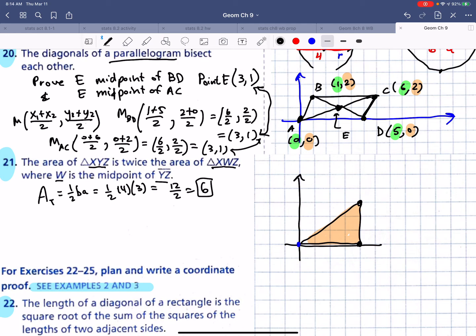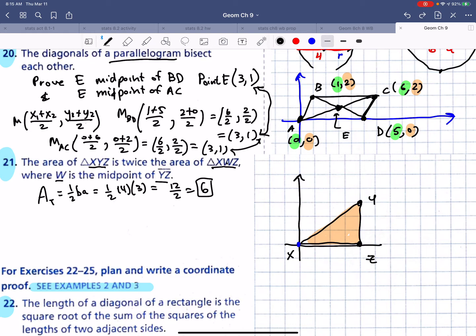Now it's saying X, Y, Z. The area of the triangle is twice the area of XWZ, where W is the midpoint of XZ. All right, rewind.